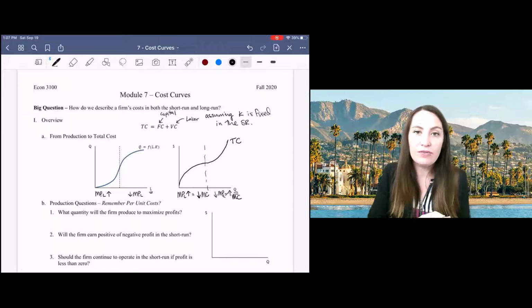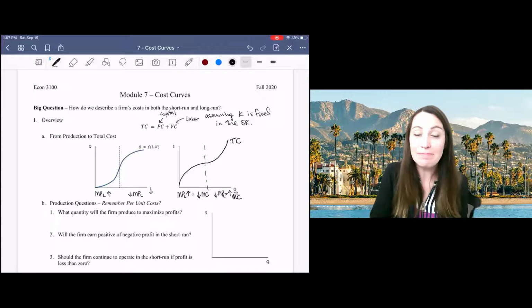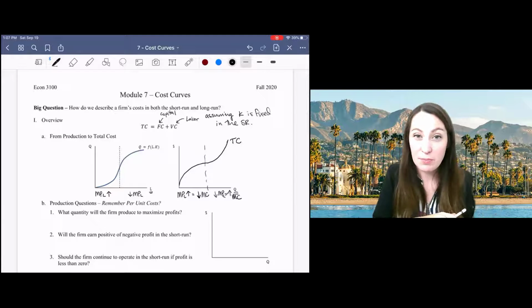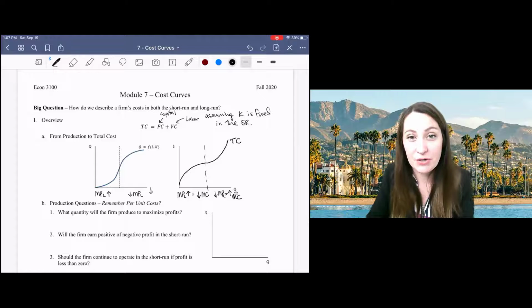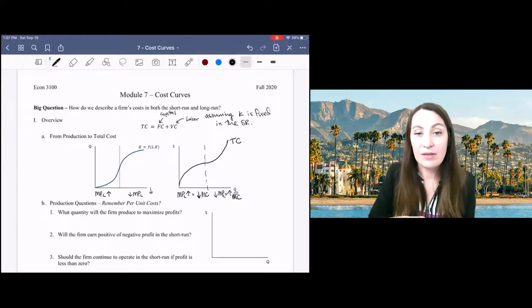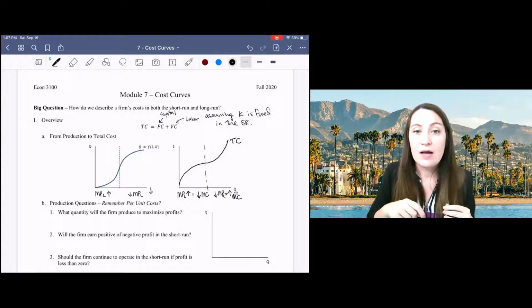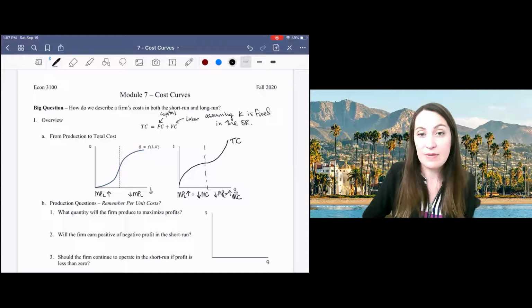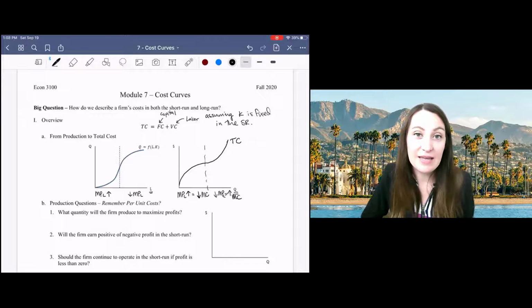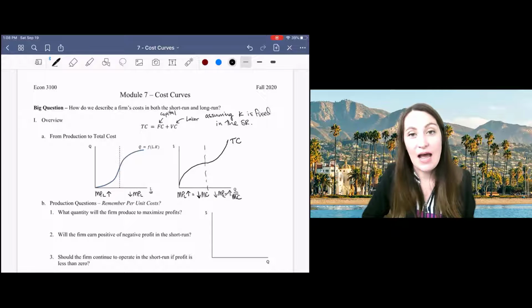All right, so hopefully we've made this leap from talking about marginal product to talking about marginal cost. Remember that when we're thinking about cost functions, we always want to think about them in per unit terms, okay? So quantity is going to be on that x-axis as we think about changes in cost as production changes.